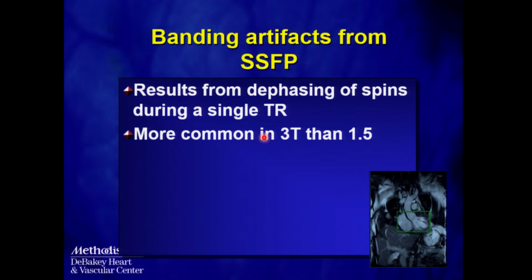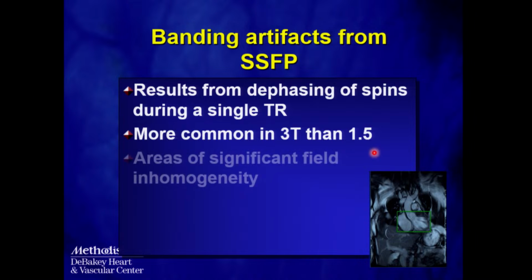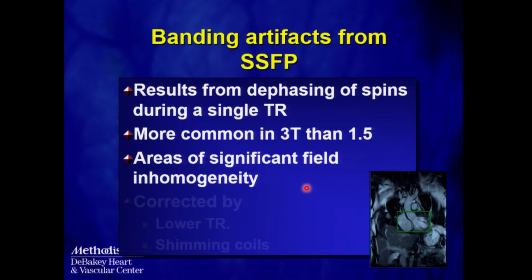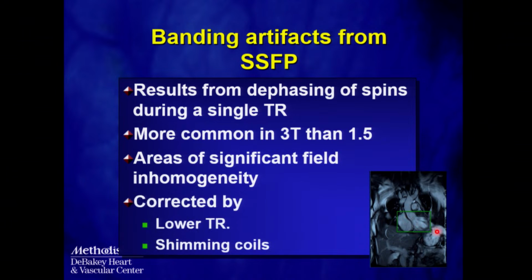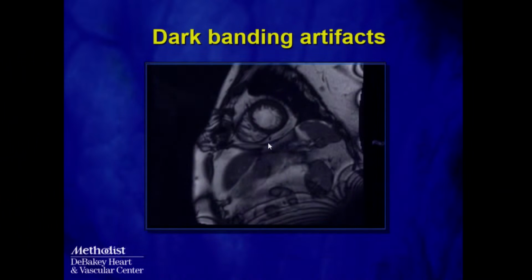With a larger magnetic field, there's a lot of perturbation of the protons, and when they spin, a lot of them are going to be out of phase, and that's why it creates a lot of field inhomogeneity. If we use a special type of coil called shimming, meaning that I want to focus my region of interest on the heart alone, and I also lower my temporal resolution instead of increasing it, that can also get rid of some of the artifacts.